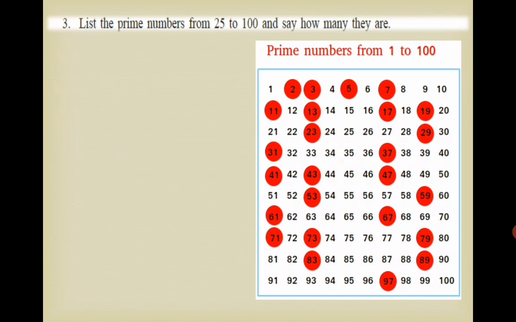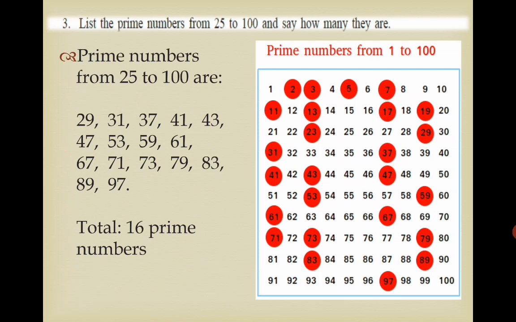So as you can see, from 25 onwards, there is 29, 31, 37, 41, 43, 47, 53, 59, 61, 67, 71, 73, 79, 83, 89 and 97. So these are the prime numbers from 25 to 100. As you can see in the question, they have asked, say how many they are. That's why it's very important for us to mention the answer to that part of the question as well. So we'll say total there are 16 prime numbers.